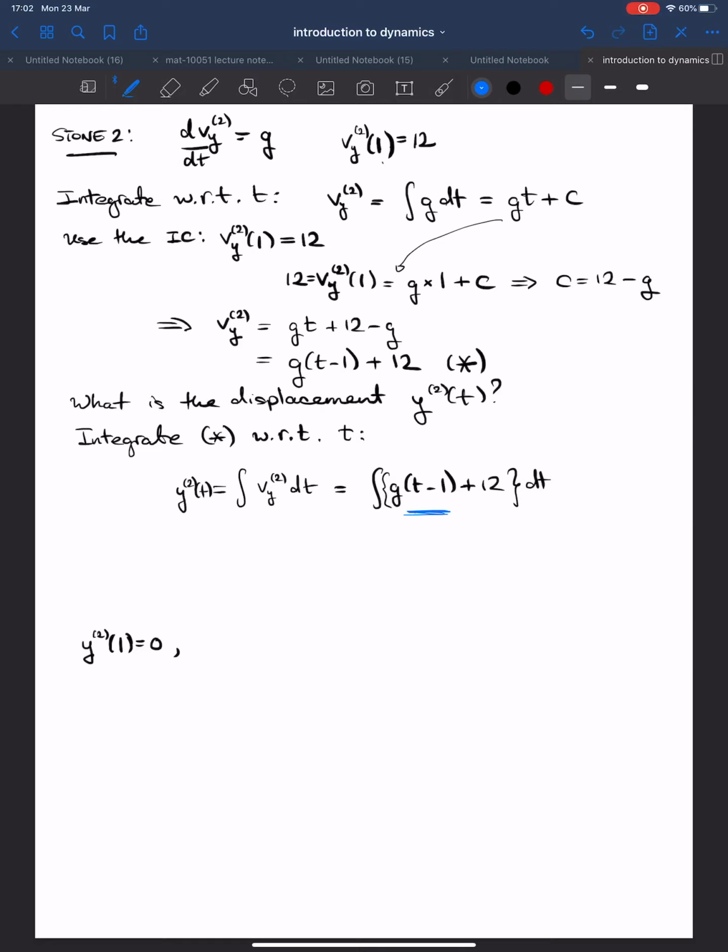So when you put t equals 1, this factor immediately drops out, and you end up with your initial values. I like to keep things that way, so what I won't be doing is this: gt squared over 2 minus t plus 12 plus 12t, plus b. I'm not going to do that.